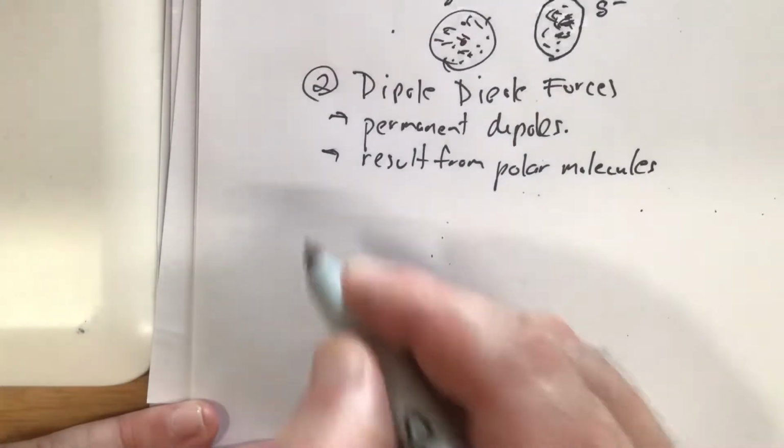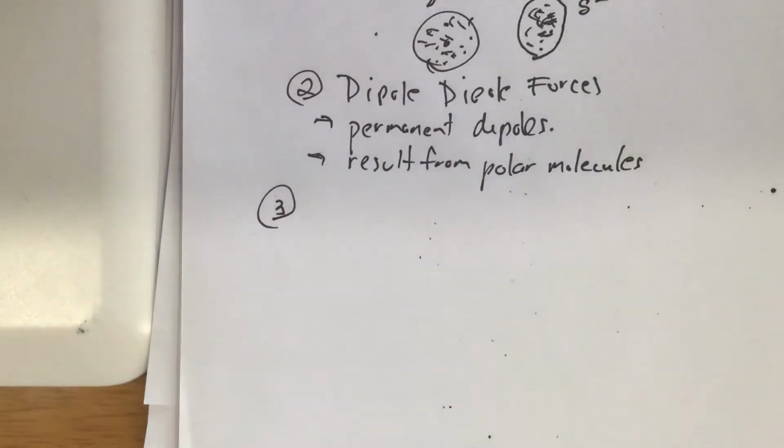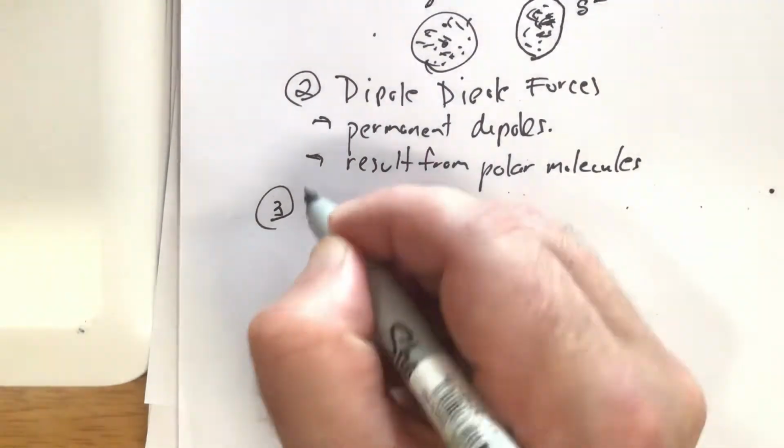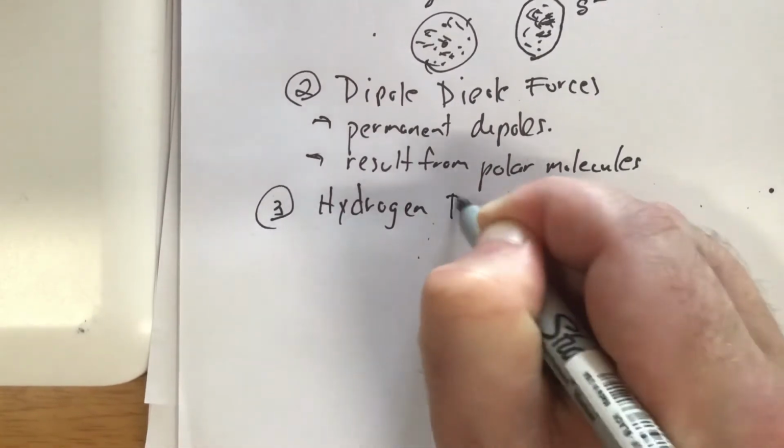The third one that we talked about, if any of this is a quick review, if you don't know, please go back and look at the lecture video or the lecture notes from last week. The third one is called hydrogen bonding.